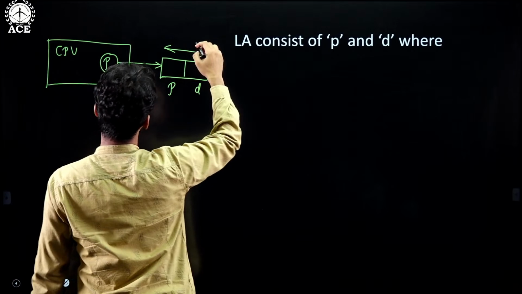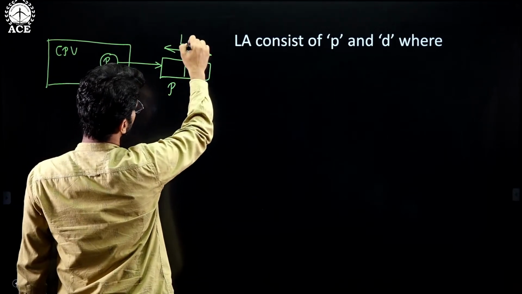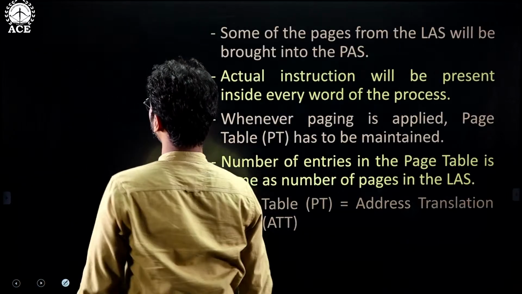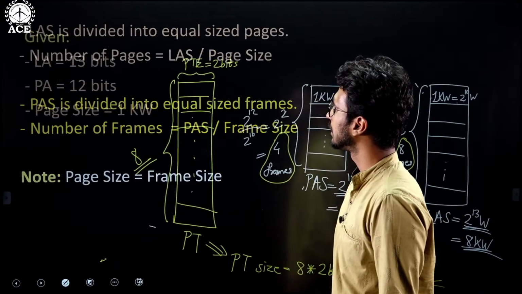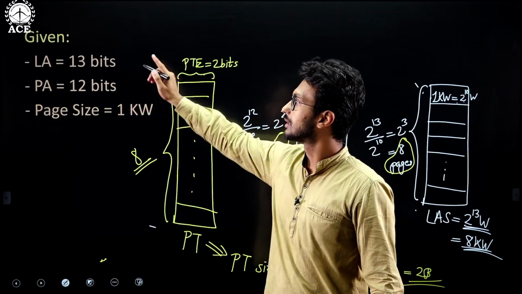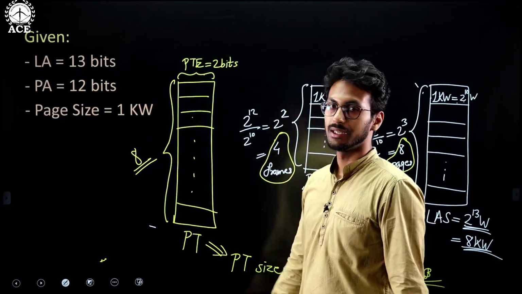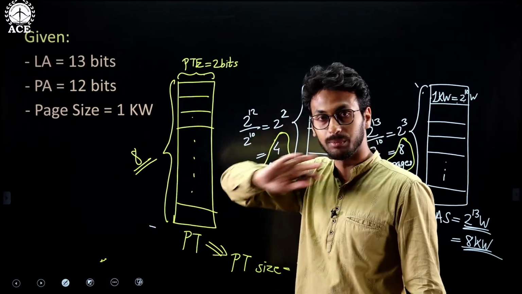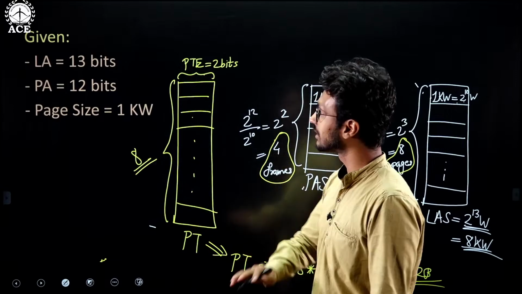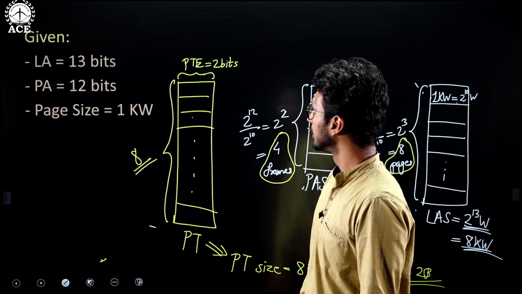How many bits is the logical address? Whatsoever it might be, let's take the example which we took earlier: logical address is 13 bits, physical address is 12 bits, page size is 1 kiloword. Based on this example, let's frame the entire thing. Once again, let's do it. 13 bits.